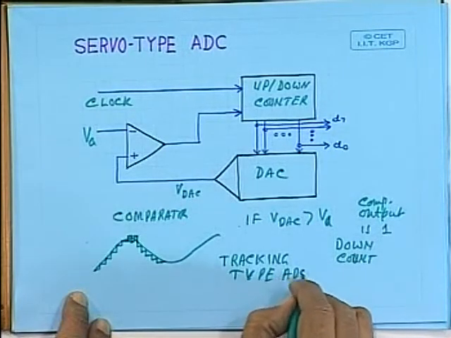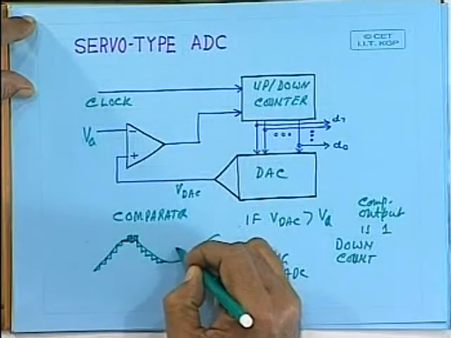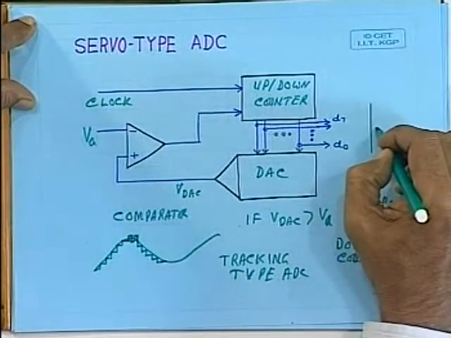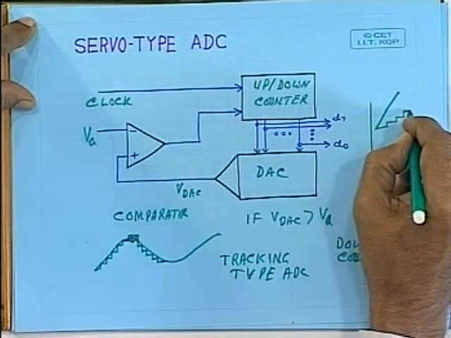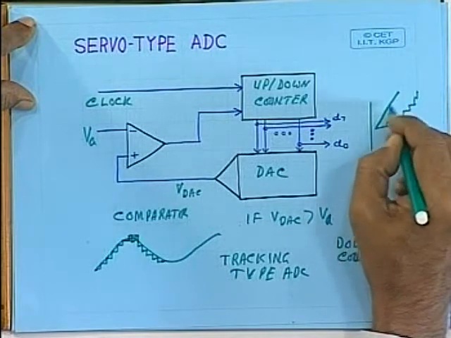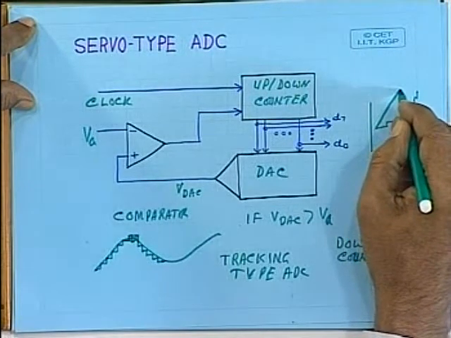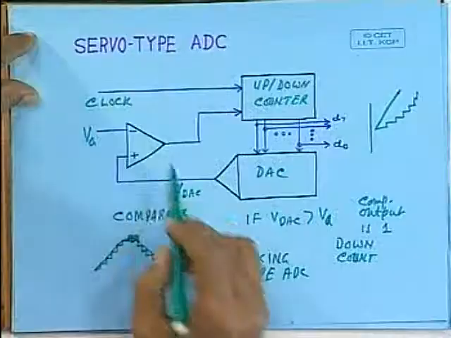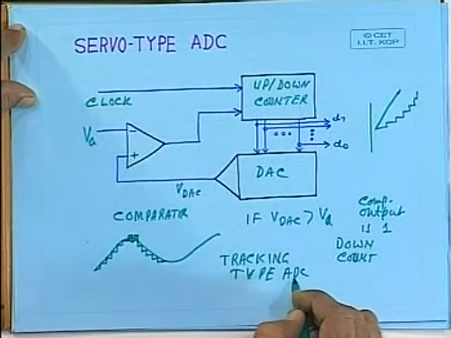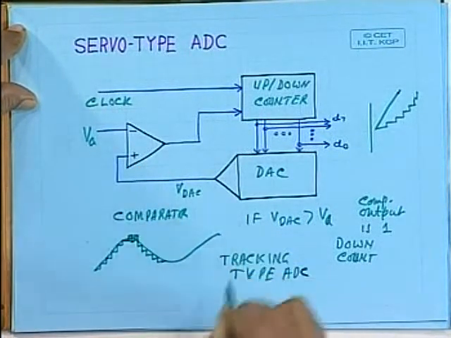The main problem of this tracking type AD converter is that if the input changes very sharply, suppose the input changes like this, then the counter will slowly reach, so it will not be able to follow the fast change of this analog input. That means when the input change is taking place slowly, then this servo type ADC or tracking type ADC is suitable and can be used.